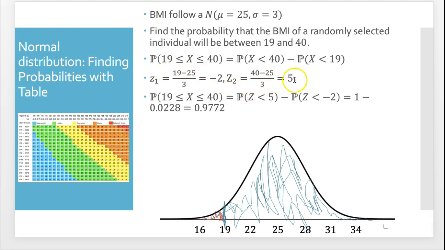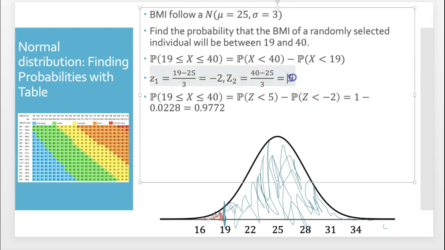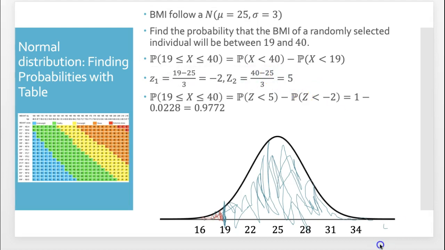And 5 is saying that a BMI of 40 is 5 standard deviations greater than the average BMI of 25. In terms of standard deviations, this is a very, very large quantity. Values greater than 3 or less than -3 are very far away in terms of standard deviations. So this 5 is very, very large.